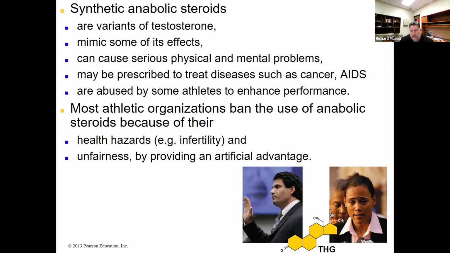And of course, in some sports, we call it cheating, depending on the type of sport and the rules of that particular agency. So if you're in a sport where they have strict guidelines on steroid use, and you don't follow the guidelines of that agency, then they can ban you from that sport.